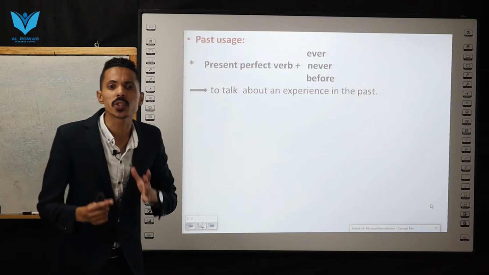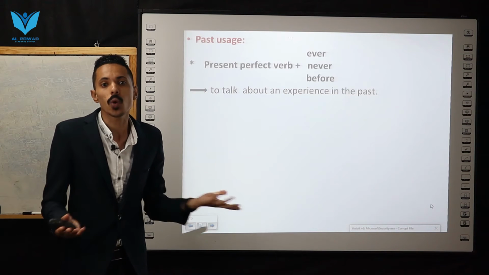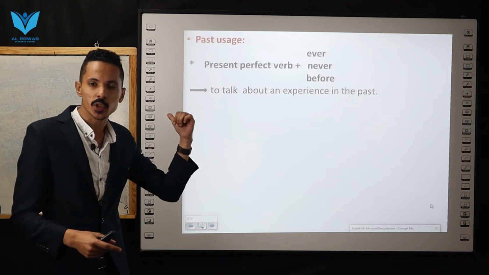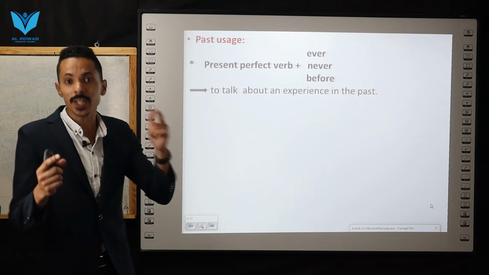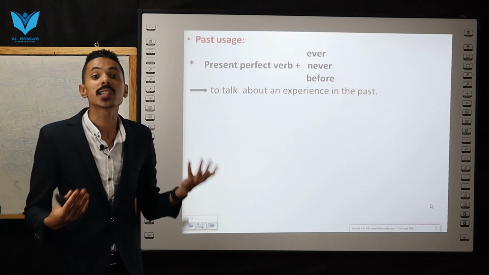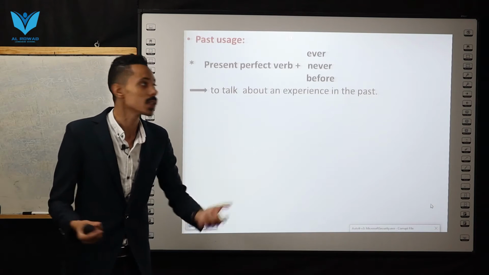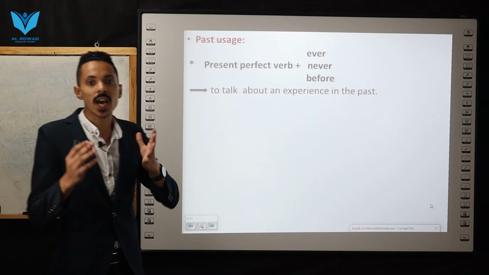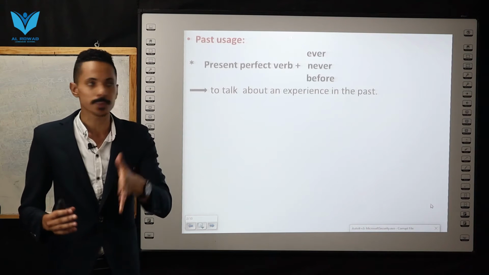Also, if you want to talk about experience, what is the meaning of experience? Something you have seen before in your life, in the past. A place you have visited in the past in your life before. It's called experience.